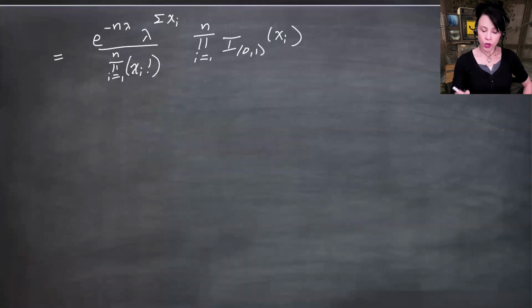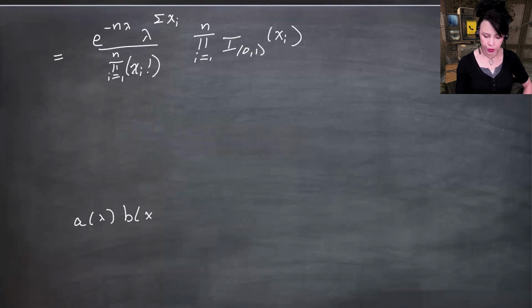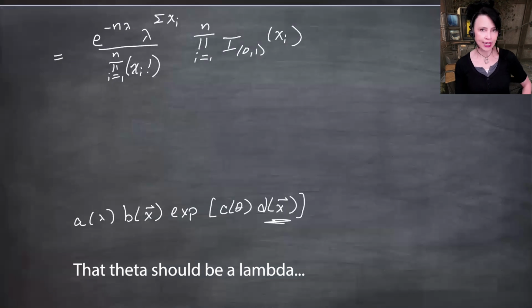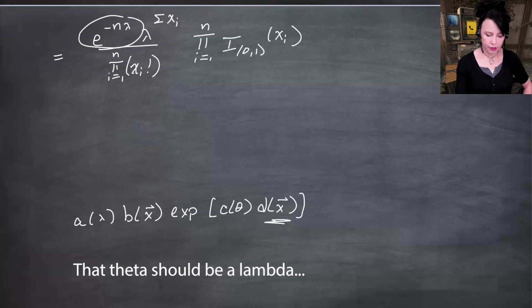So for the exponential family factorization, we're looking for a part that is pure parameter, like an a of theta, a part that is pure data, like a b of x, and then an e of a pure parameter part, c of theta, times a pure data part, d of x. And if we can do that, then the statistic given by d of x is complete and sufficient for the model. This appears to be some pure parameter stuff, so let's start there.